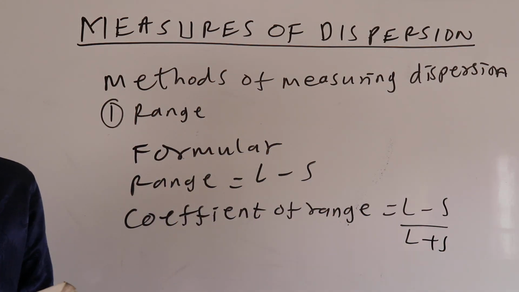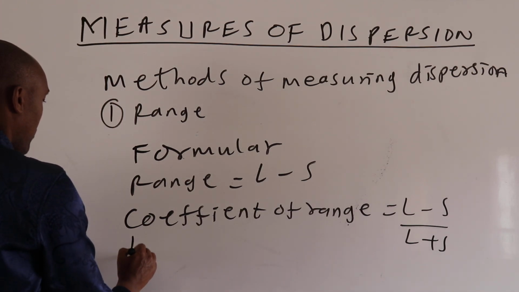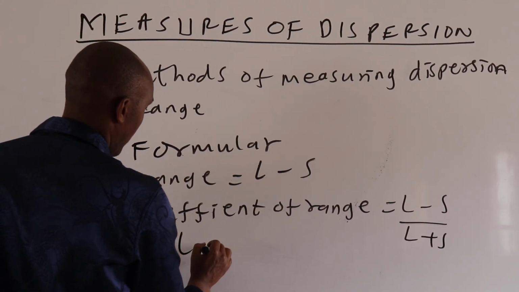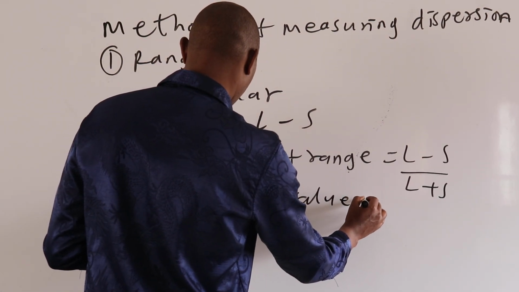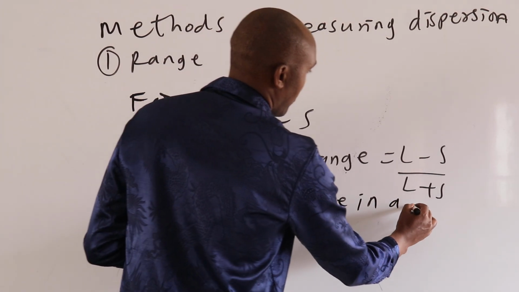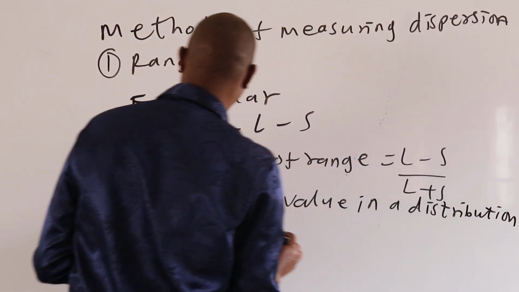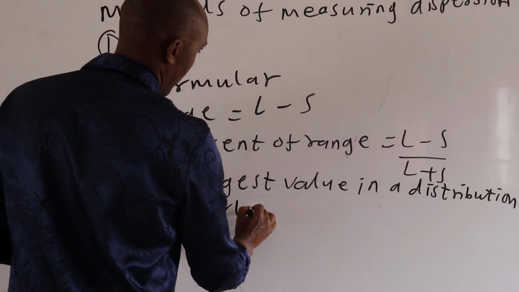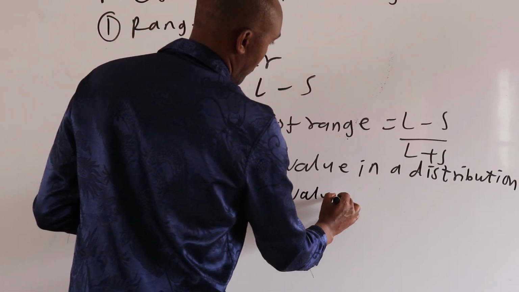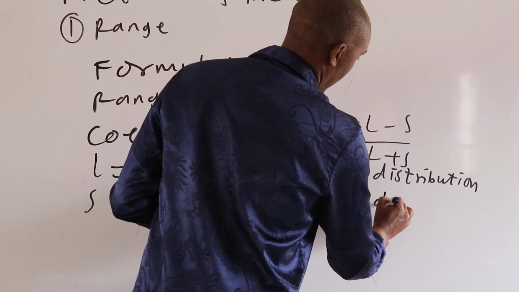Now what you want to understand is what L is and what S is. L is equal to the largest value in a distribution, and S is the smallest value in a distribution.